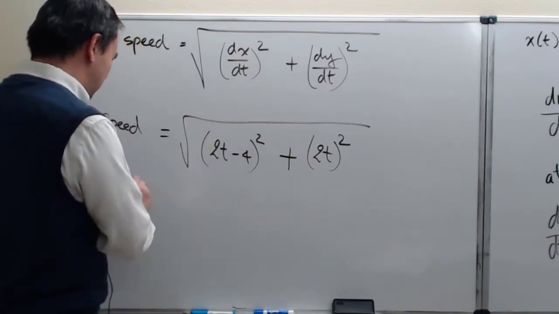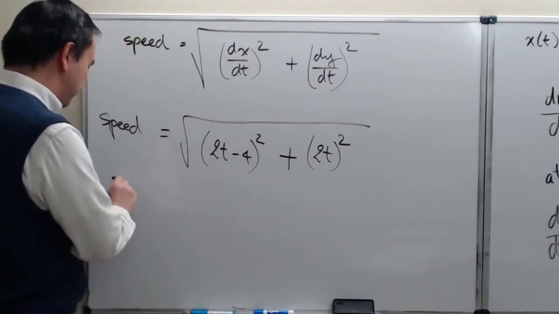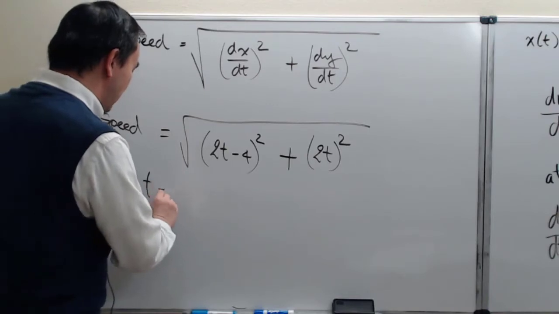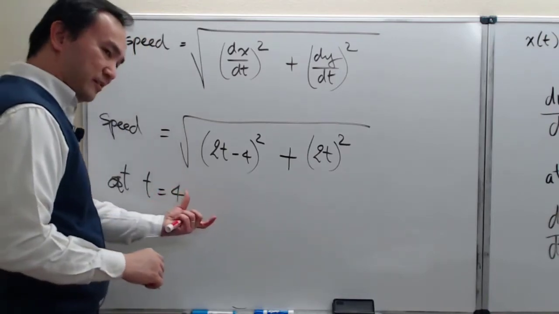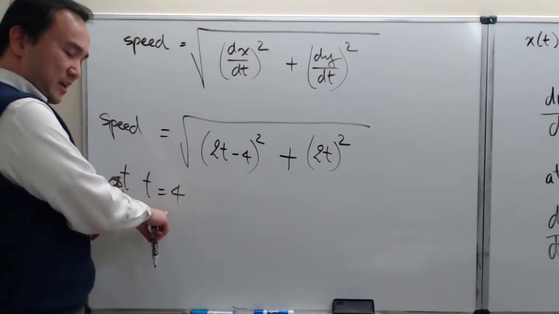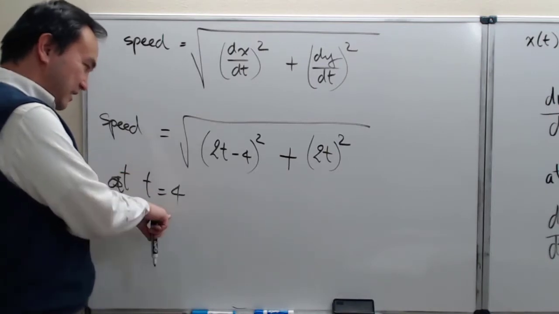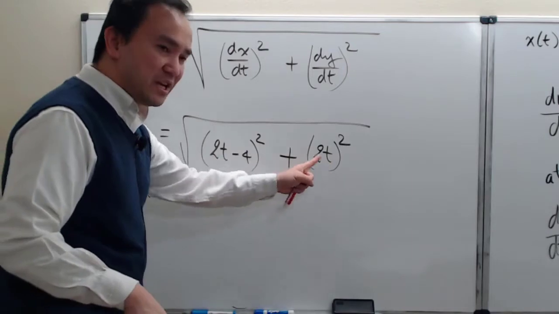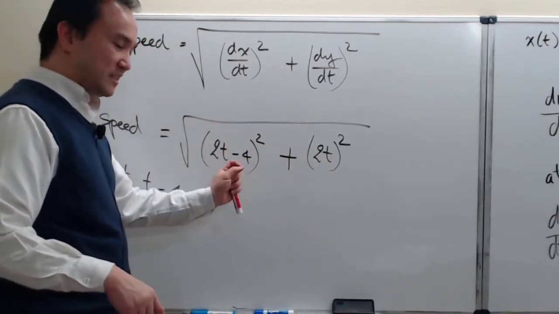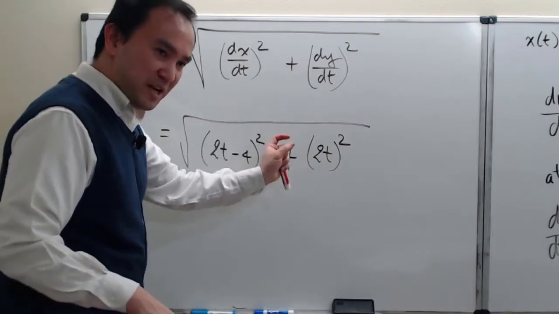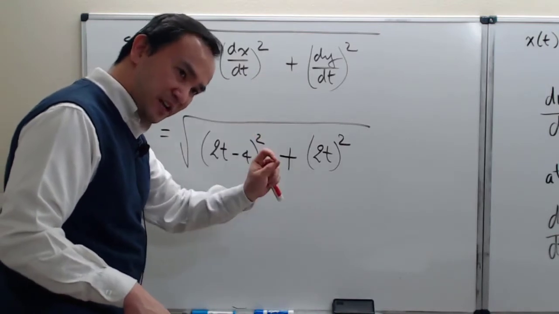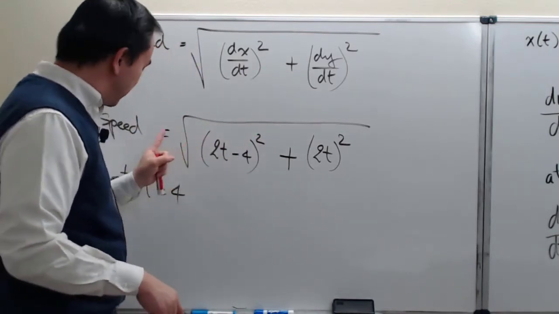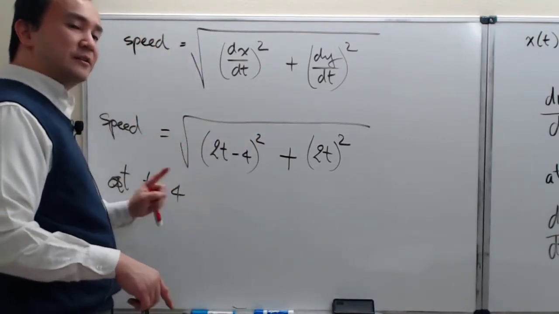Or, as another option, since in the end we want t equals 4, we can just directly substitute this value into our variable t in this expression, and that gives us our instantaneous speed on the path at that particular instant when t equals 4.